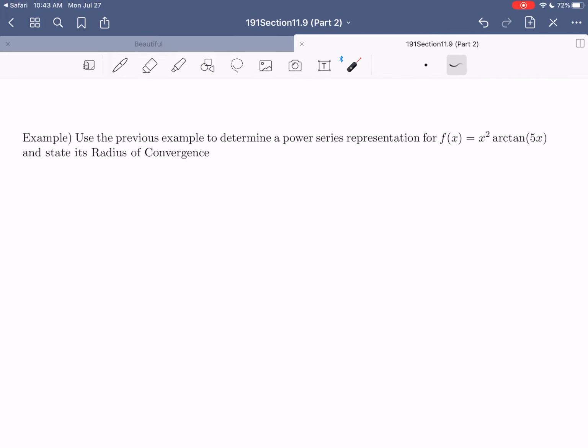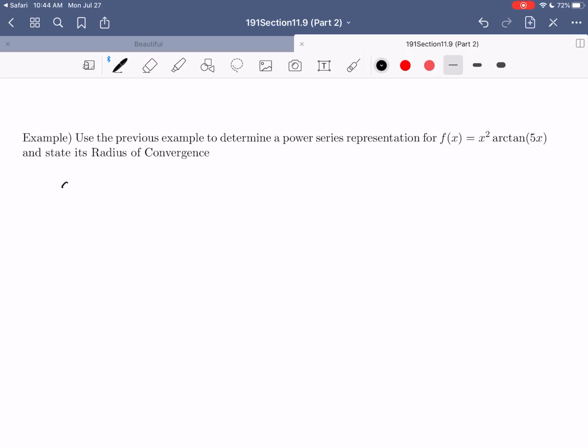I guess before we do that, let's make sure we can manipulate what we just had. We want to use the previous example to determine a power series representation for x squared arctan 5x and state its radius of convergence. This is just showing you how to make use of the established series we just had.